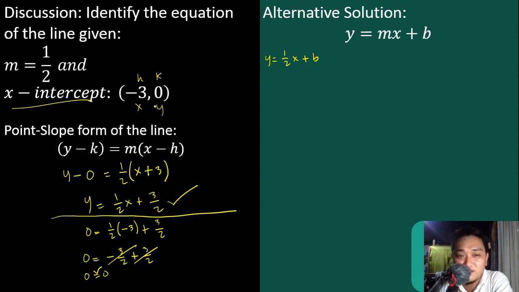So here, you can make use of the value for x, which is -3, and the value of y, which is 0. So 0 is equivalent to 1 half, the value of x is -3, plus b. 0 is equivalent to 1 half times -3 is -1 half. Oh, sorry.